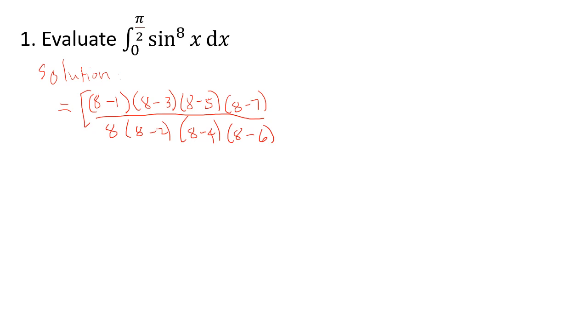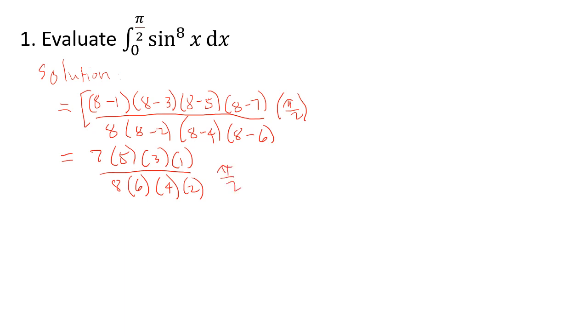So this equals, times pi over 2, simplified, 7 times 5 times 3 times 1 over 8 times 6 times 4 times 2 times pi all over 2.